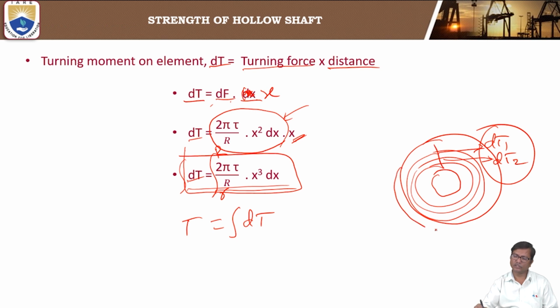For a solid shaft the limits would be 0 to capital R, but for a hollow shaft the limits for x are small r to capital R.